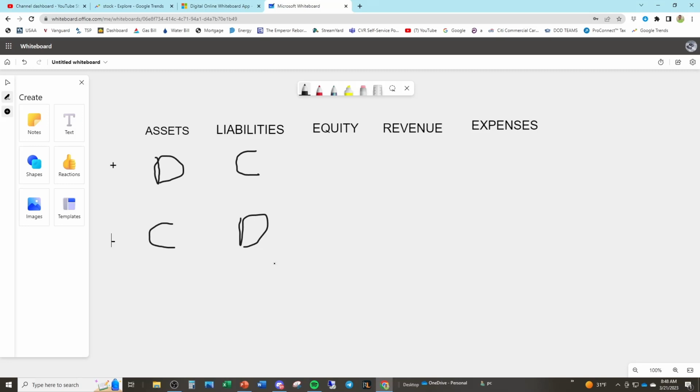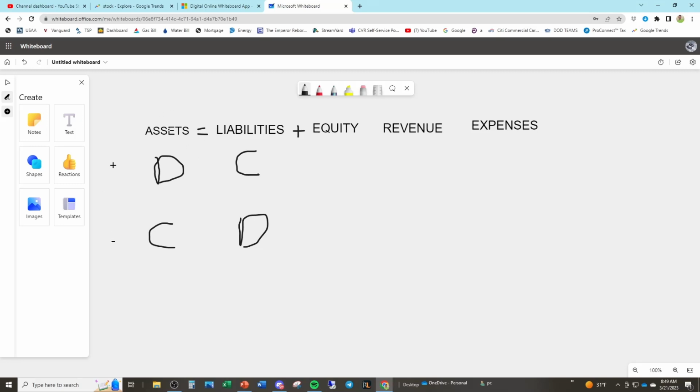Next, we have equity. Now, a lot of people get confused about equity, but very simply, assets minus liabilities equal equity. Now, the official accounting equation is assets equals liabilities plus equity. So, a simple way to remember it is, it's the exact same thing as liabilities.